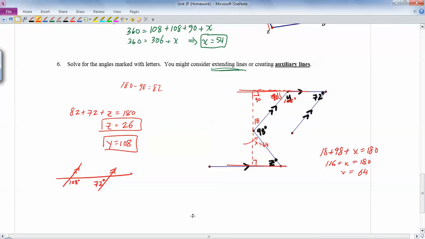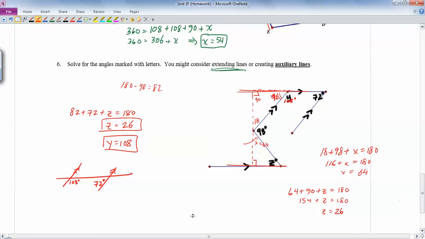And I know that 64 plus 90 plus z have to be 180 because it's a triangle. So that's 154 plus z equals 180. So z ends up being 36. Okay. So hope that helps a little bit. Oh, sorry, not 36. 26. My bad. Just seeing if you're paying attention.